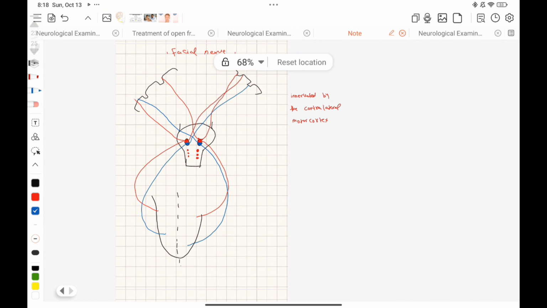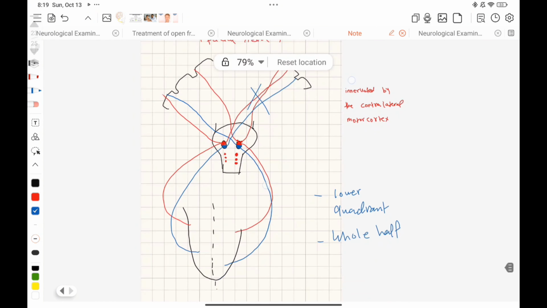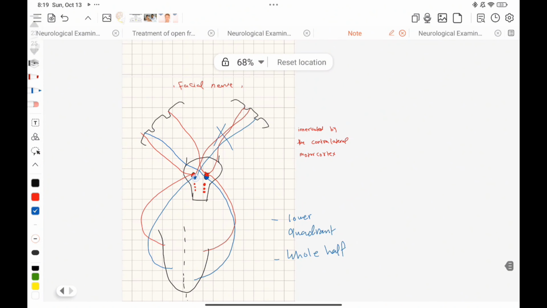so if there is a lesion in the upper motor, what will happen? We have two types of facial nerve palsy. The first type is paralysis of only the lower quadrant of the face, and the second type, the whole half of the face. So the lesion was here in the upper motor neuron. What will happen? Here the nucleus is supplied from contralateral and ipsilateral.